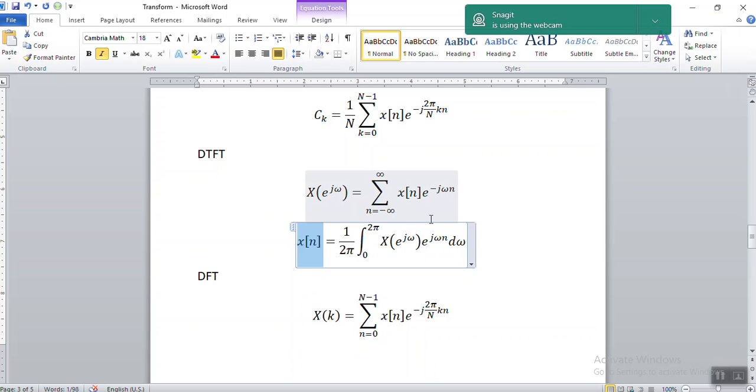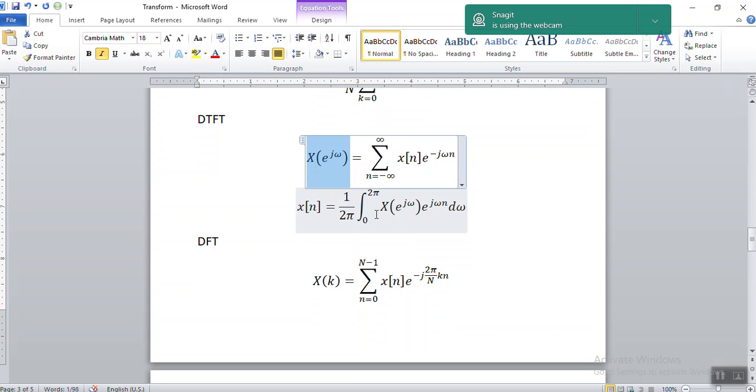Here also you can compare with the previous analogy that this e to the power minus j omega n can be considered as a window function, and that window is placed over the periodic signal x of n or non-stationary signal x of n. Whatever you see through this window on this signal, you take the summation for all n, all time, and that gives you the spectrum. Up till here is the mathematical tool DTFT.